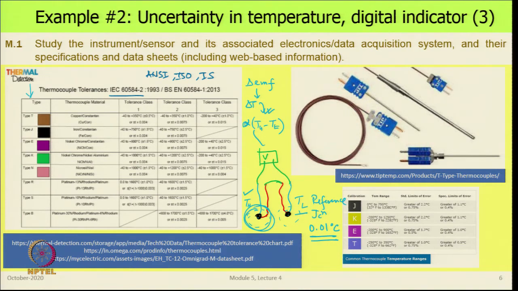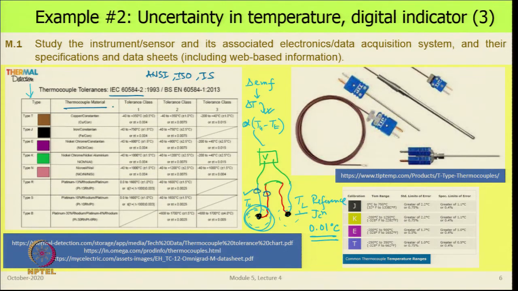So, when you look up a manufacturer's catalog, they will all say that this thermocouple is as per IEC 60584, and within that they will give more information that what is the type T, J, E, K, all that tells you what is the type of the material of the two wires. We said there are two wires here, and this tells you what is the material of those two wires. And then it tells you about the accuracy.